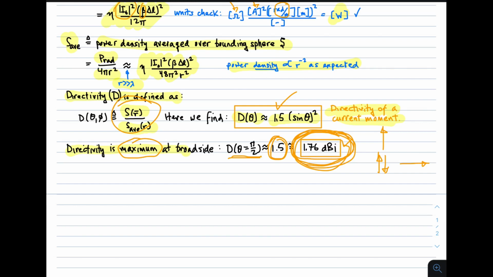And don't confuse this with gain. Gain is directivity times loss in the radiating system. So sure, you can arbitrarily make this 0 dBi by having about 2 dB of loss within the system, but that's not what I'm referring to. I'm referring to directivity. This concludes this lecture on the directivity of a current moment.